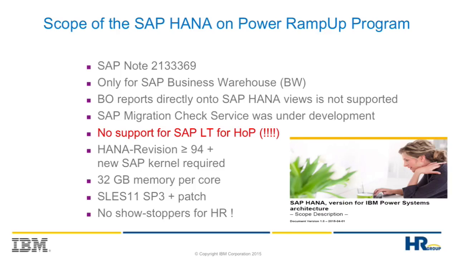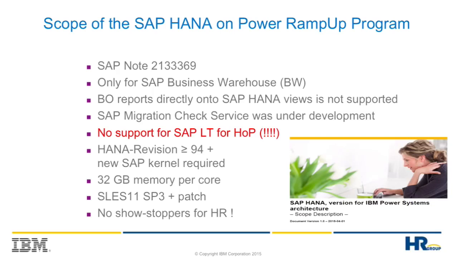He wants to do Business Objects reports directly on SAP HANA. That was running on x86 at this time, but not on Power. Technically it's no issue because it's the same platform, but it was not tested at this time by SAP. So they said at first, not officially supported.